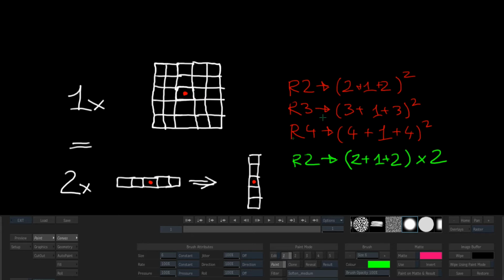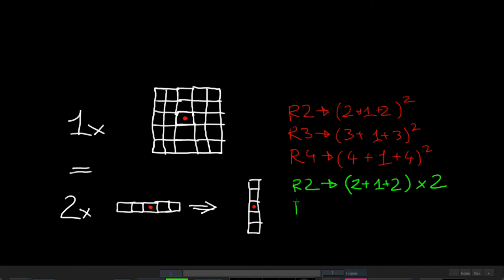And the performance gain that we'll be getting here gets really big as our radius gets bigger, because if we go for 3, then we're going to go for (3 plus 1 plus 3) times 2.